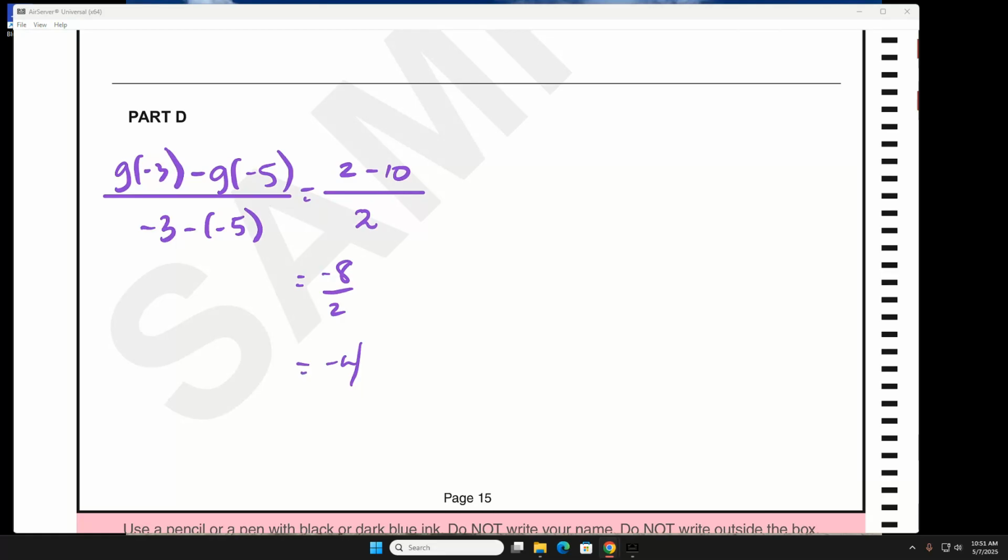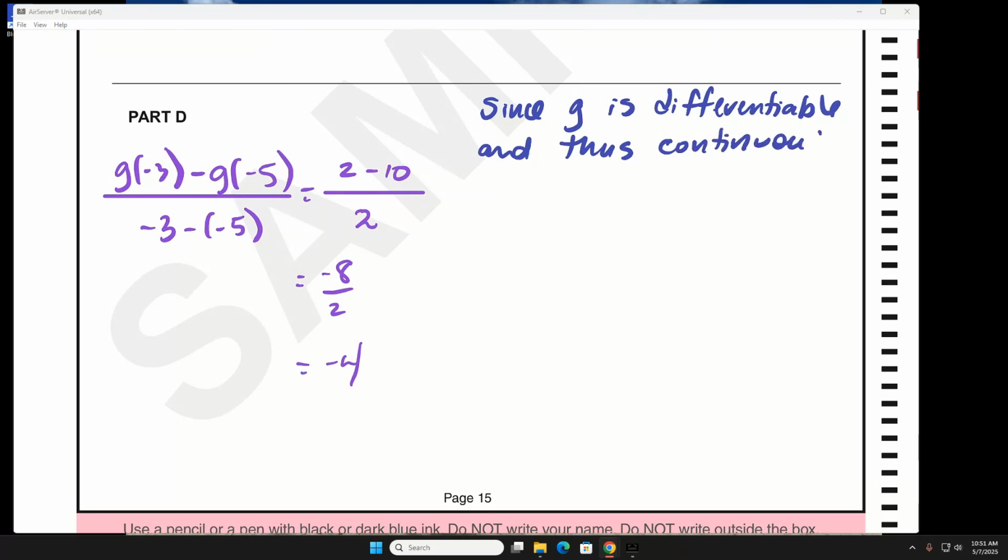it tells you G is differentiable. So since G is differentiable, and thus continuous, I'm going to go ahead and use the interval. It's that way everywhere, but I'm going to go ahead and use the interval that they gave us.